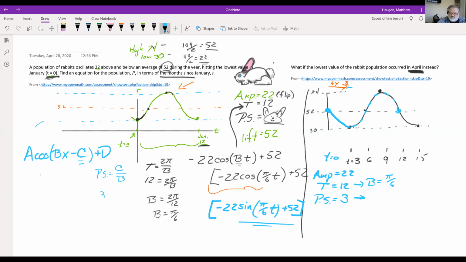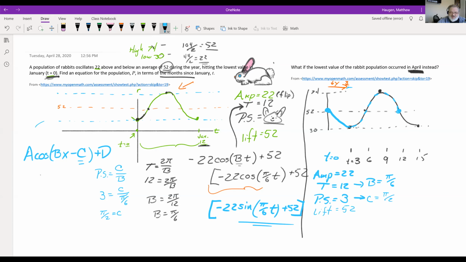So that phase shift of 3 has to be C divided by our B, which we found is pi over 6. Multiply that pi over 6 over, we get 3 pi over 6, which reduces to pi over 2. So that phase shift of 3 implies our C is equal to pi over 2. And our lift is still the 52.